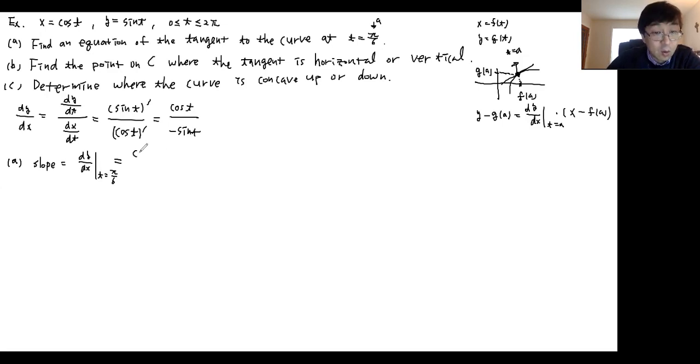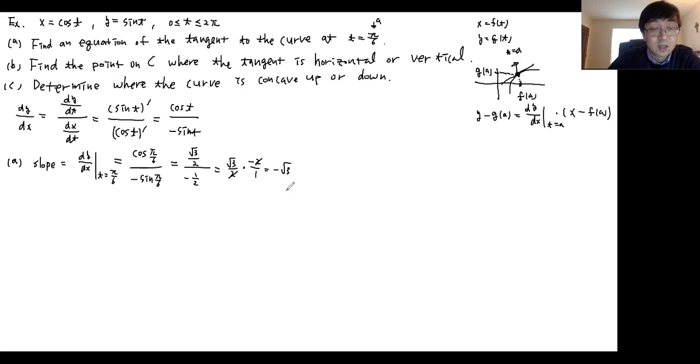Cosine pi over 6 is root 3 over 2. Negative sine pi over 6 is negative 1 over 2. So root 3 over 2 times the reciprocal of minus 1 over 2, which is negative 2 over 1. The 2s cancel out. The answer is minus root 3.